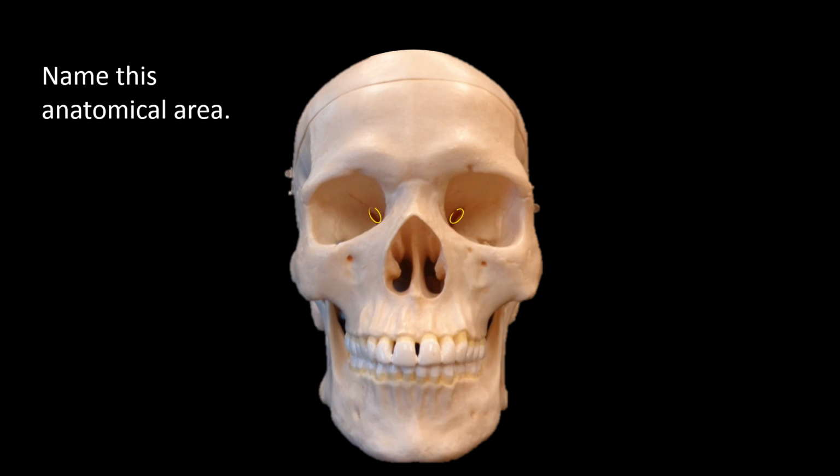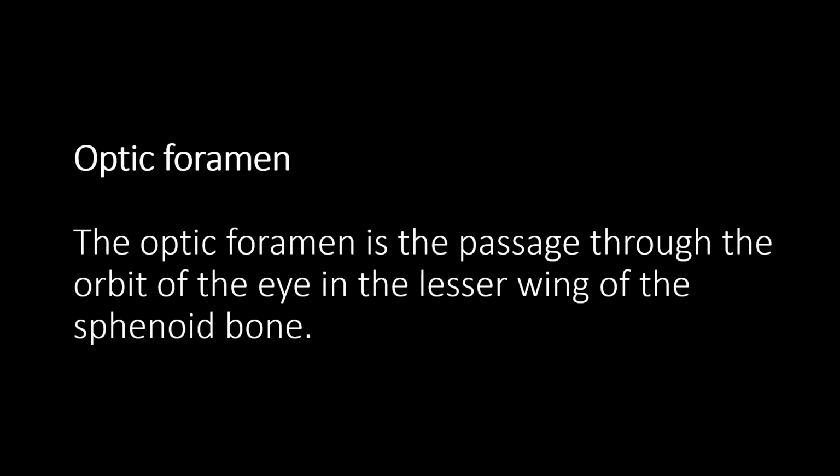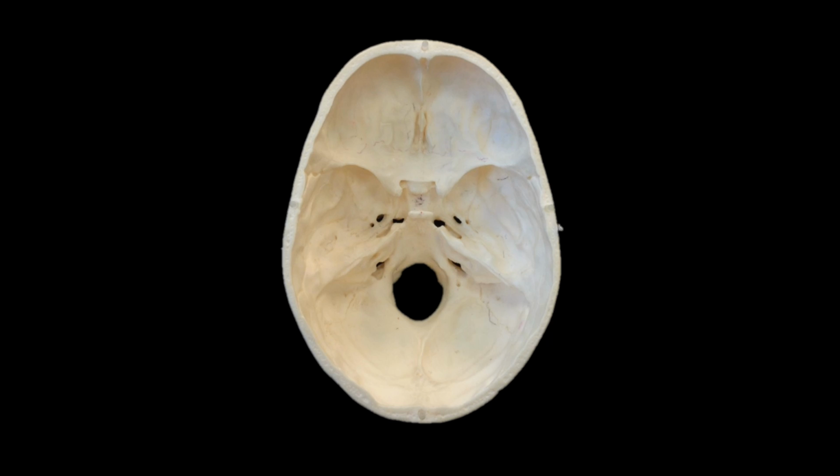Name this anatomical area. Optic foramen. The optic foramen is the passage through the orbit of the eye in the lesser wing of the sphenoid bone.